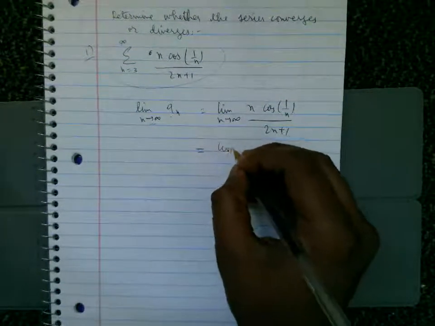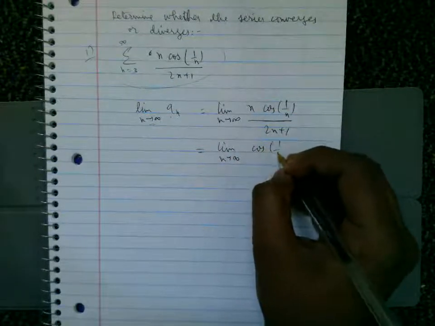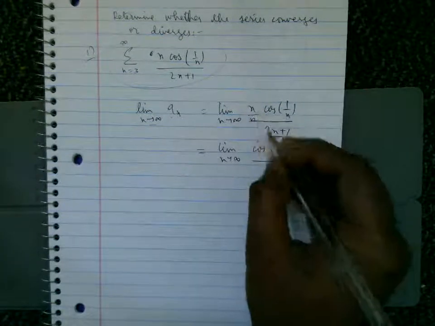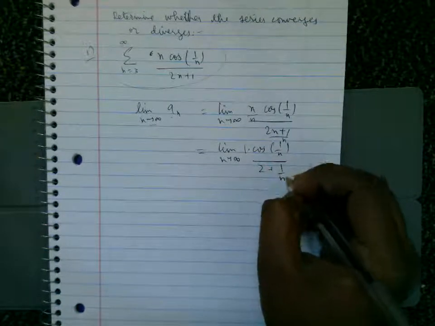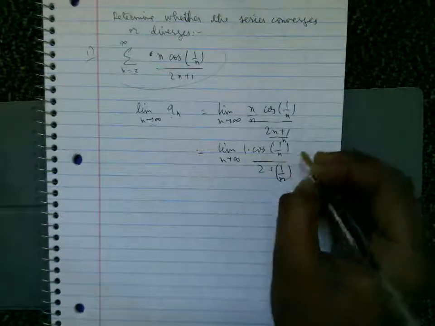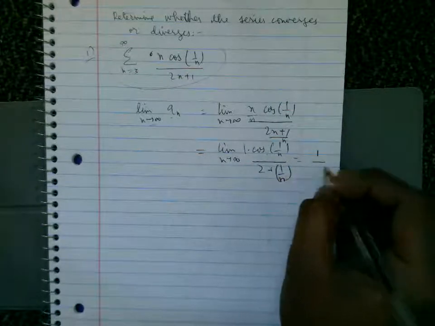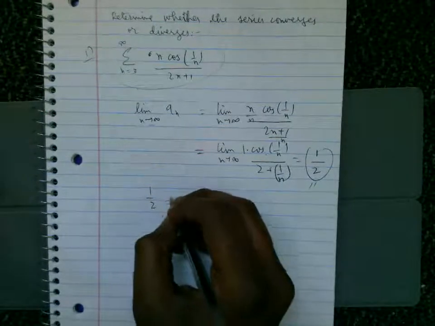This can be thought of as the limit as n tends to infinity of cos of 1 by n divided by, dividing by n in the numerator and the denominator, 2 plus 1 by n. When you substitute n tends to infinity, this is cos 0, which is 1, and this is 2 plus 0, which is 2. So this limit is one half, and clearly this is non-zero.